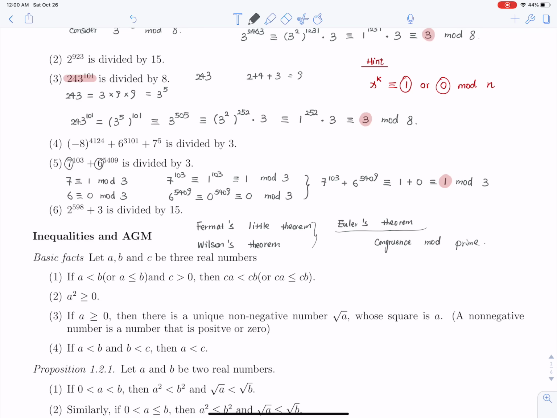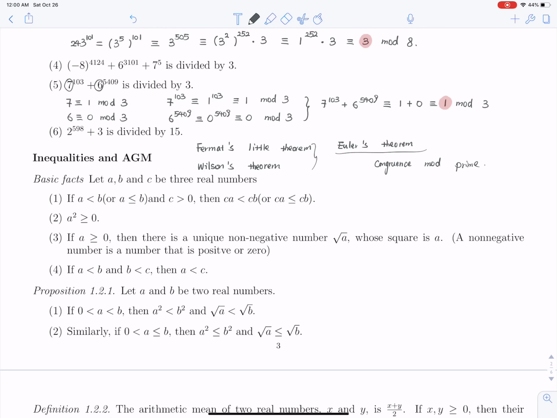If you are interested, I think you can take the following classes, MAT102. You use this a lot. What else? Math 315, number theory. And sometimes we use it in 301, group theory, group and symmetry.